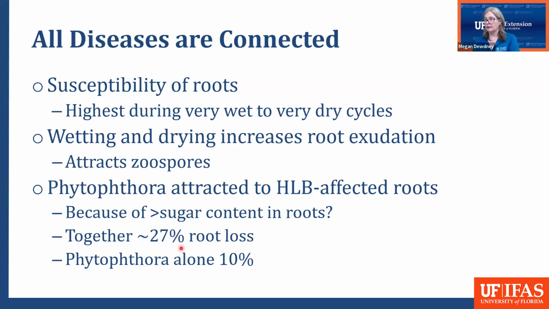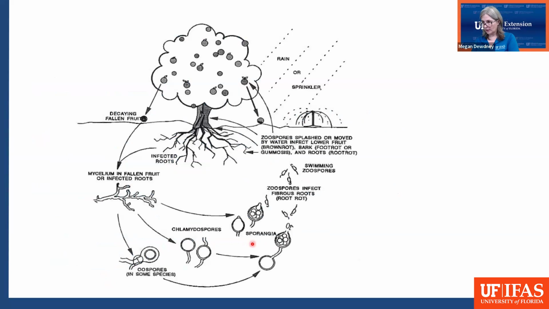But together, Phytophthora and HLB are estimated to be causing approximately 27% root loss versus Phytophthora alone, which would be only causing about 10%. I would actually probably estimate a much higher root loss. I think that came from a study that Dr. Graham had done.